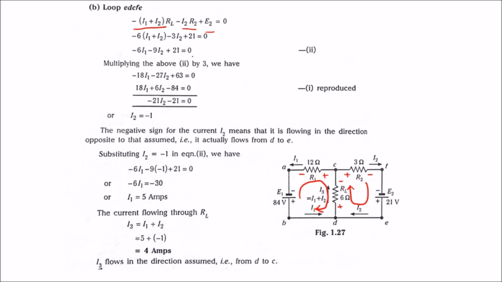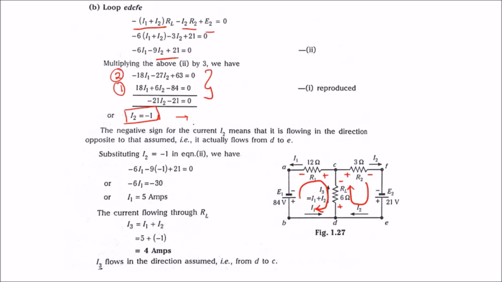So taking into consideration equation 1 and equation 2, we will simplify. So this is equation 2, this is 1. So simplifying this, we will get I2 is equal to minus 1. So minus 1 indicates that the direction of the current flow is opposite to what we have assumed.